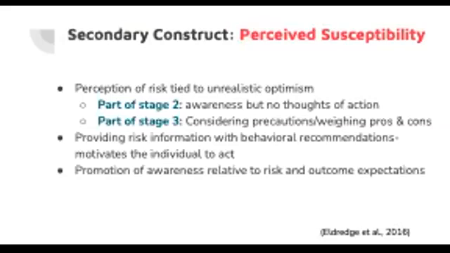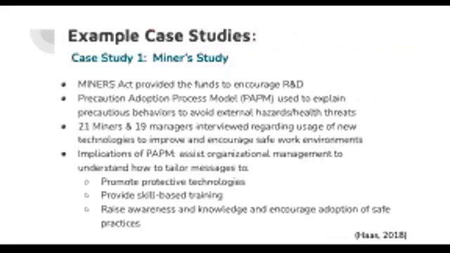The individual is thinking about change, and the susceptibility to risk is formed by communication with others and personal experiences of the hazard. Risk information is showing promise in combination with behavior recommendations to motivate individuals to act and acquire the skills to do so. This further encourages promoting awareness related to risk and outcome expectation.